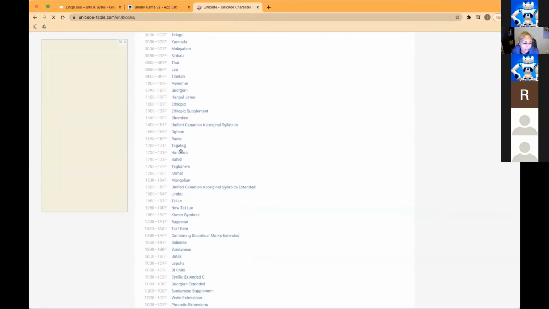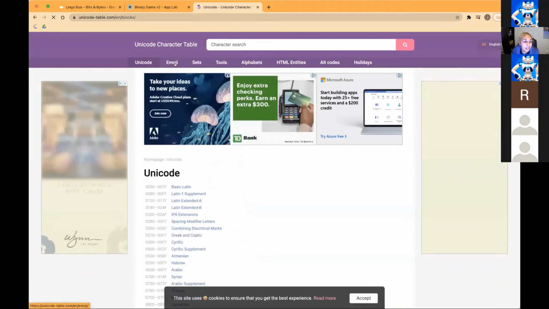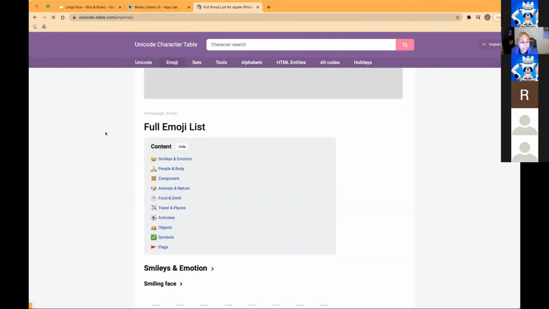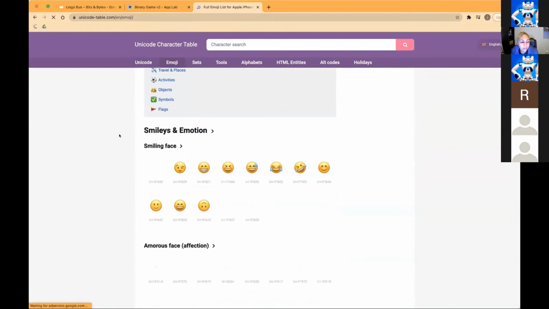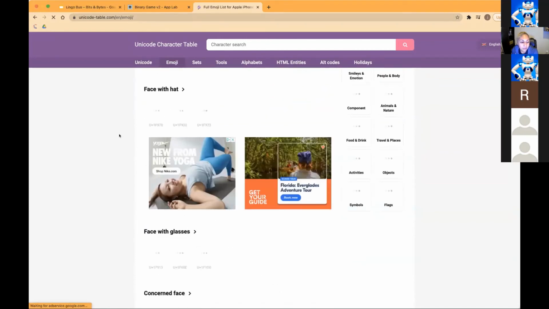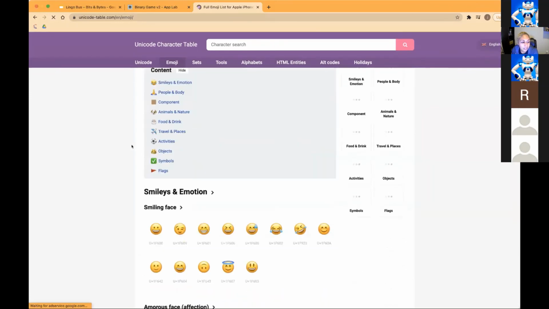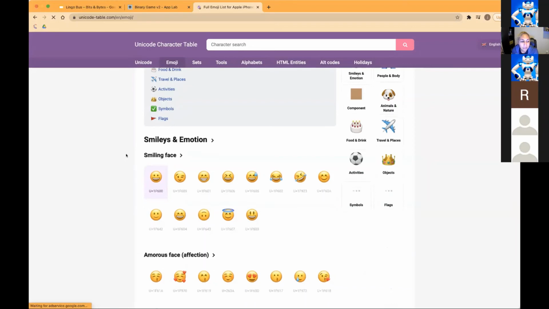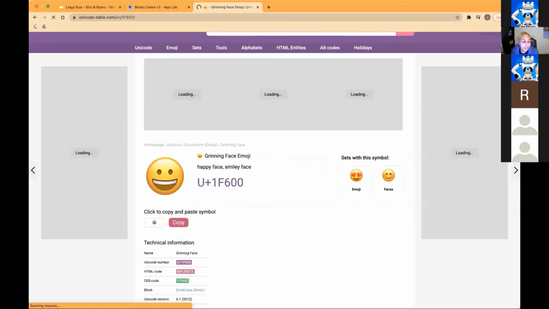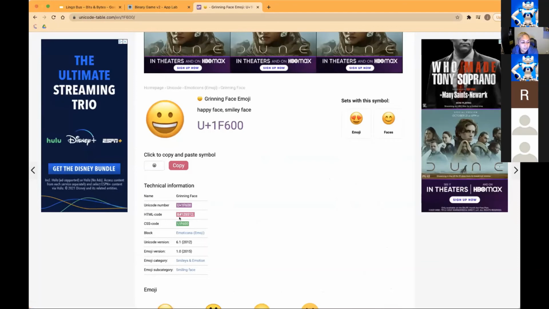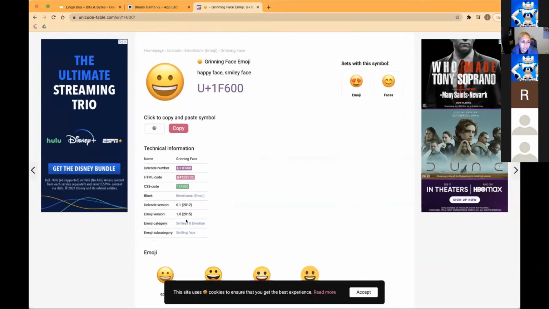You're going to see a whole lot of languages here, but if you click here where it says emoji, you can also see all of the Unicode for emojis. So this is how computers read these different emojis. You can play around with those, and when you click them, it'll also tell you how to use them in other computer languages.